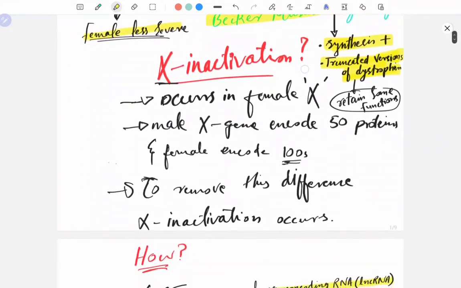Now, what is X inactivation? X inactivation occurs in the females. When there is fertilization, or when the embryo is being developed in the uterus, there are the male genes that are gained from the paternal side, and there are the female genes also present, X chromosomes.